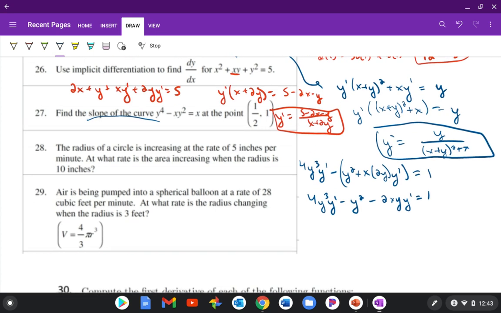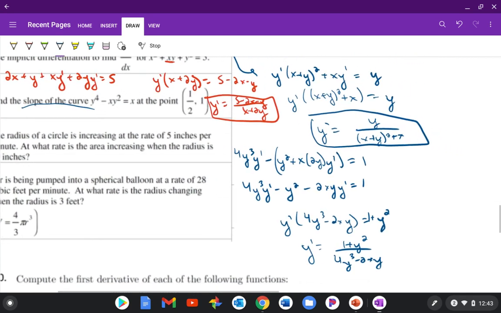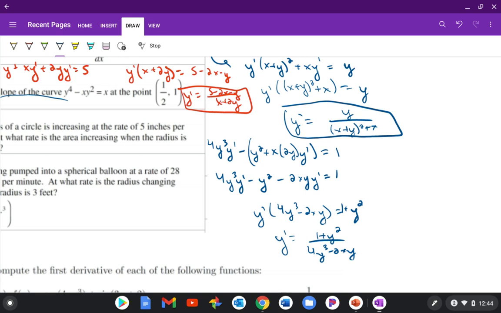So then solving for y prime, and then be 4y cubed minus 2xy. And we would add the y squared over, so 1 plus y squared. And then divide. So y prime would be 1 plus y squared over 4y to the third minus 2xy. Now we can plug in that point, 1/2 comma 1.